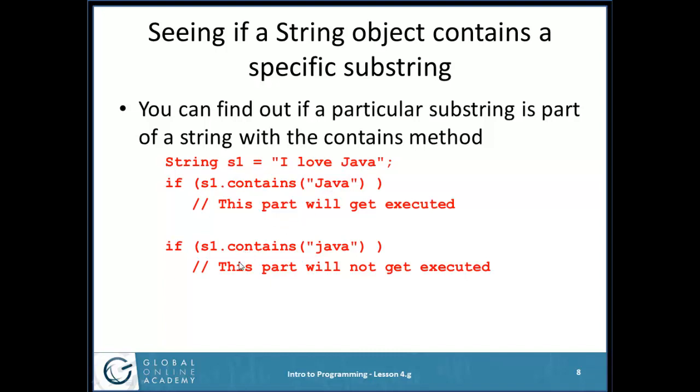This one will not get executed because it's looking for this set of characters, little j-a-v-a. It doesn't find it anywhere. Although equals has an equalsIgnoreCase, contains does not have a version called containsIgnoreCase. It's too bad. It's one of the things I wish Java did have. Maybe someday you'll write it and get it added to the language.